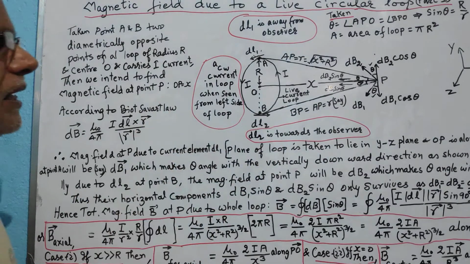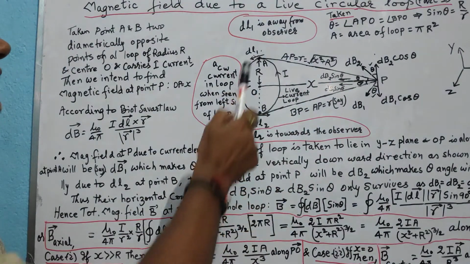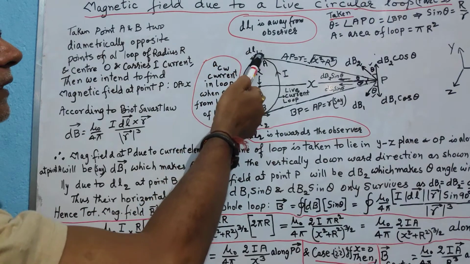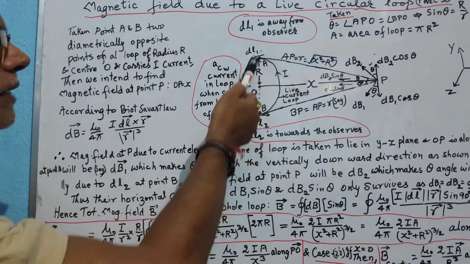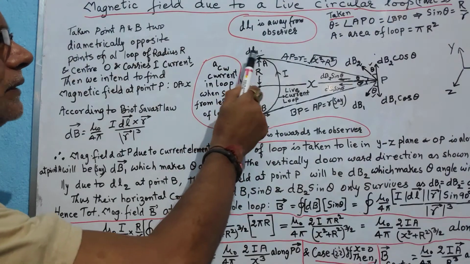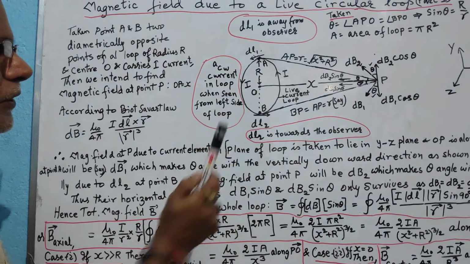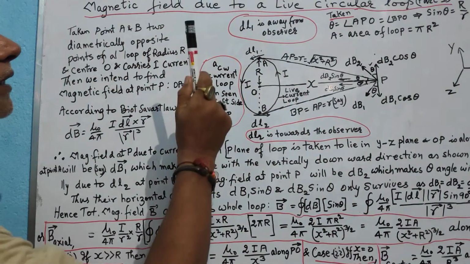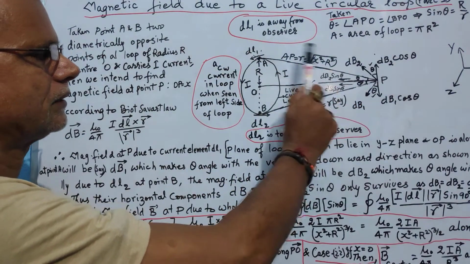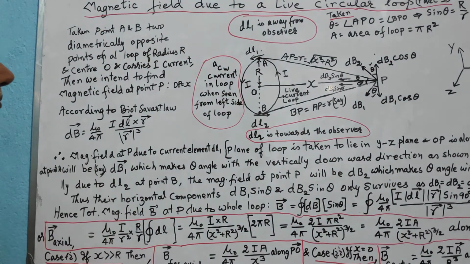Now before we really start finding the value of magnetic field at point P, we have taken certain things. Say for example, we take certain points A and B, diametrically opposite points on the loop, where we take some current elements dl1 and dl2 respectively, and due to these current elements we can find the magnetic field at point P using the Biot-Savart law.